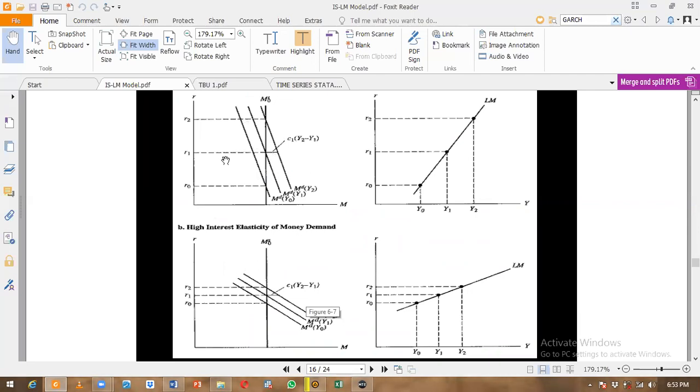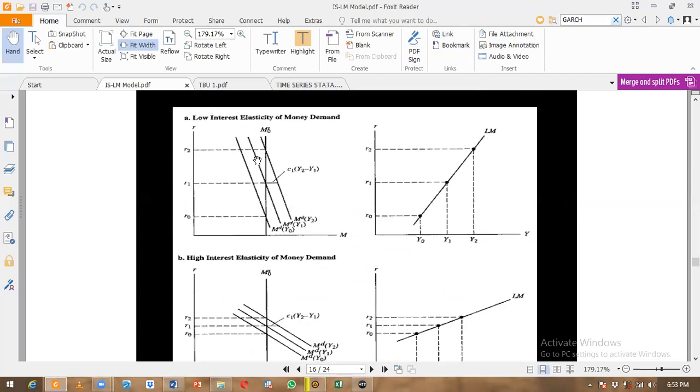Being steeper means it is not really responsive to changes in the interest rate. This is our LM curve. Let's start from MD at Y zero. Income was Y0, the interest rate was R0, and our money demand depended on Y0 with the interest rate R0.